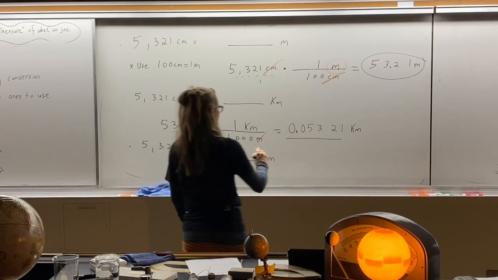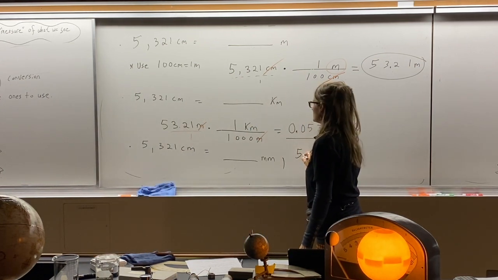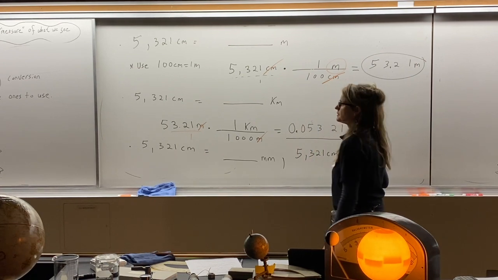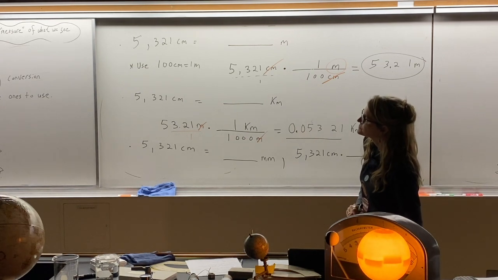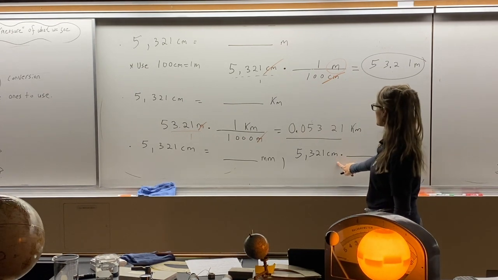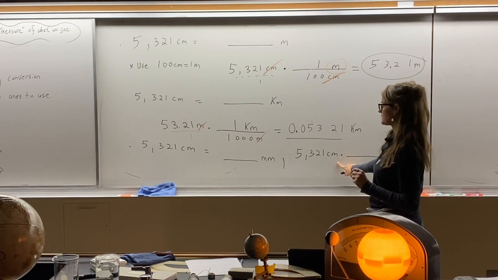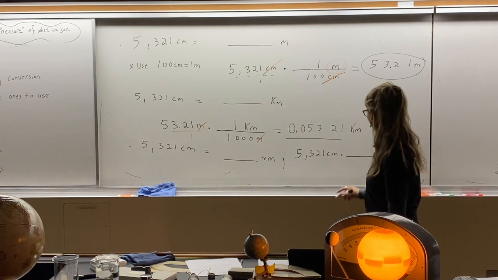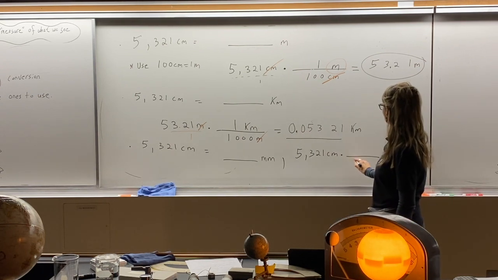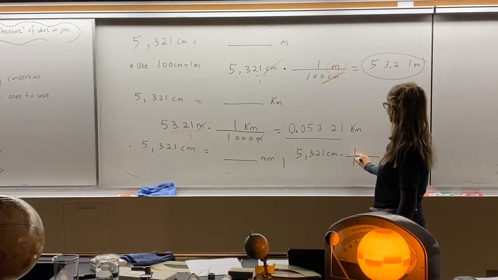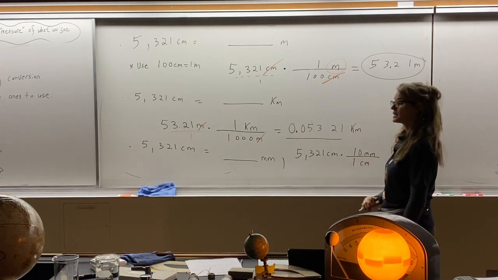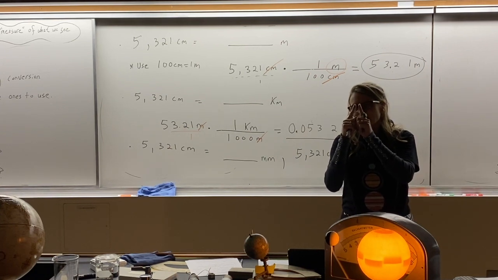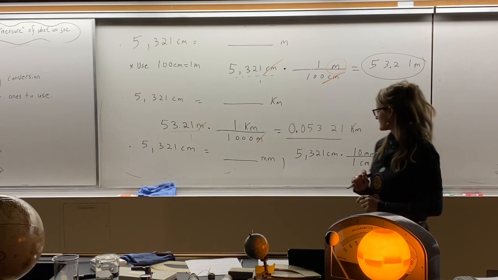Okay, well this one I'm going to multiply by, we know there's 10 millimeters in 1 centimeter. I want to get rid of my centimeters, so I'll say 1 centimeter is equivalent to 10 millimeters. Since a centimeter is a larger unit of measure, we're going to have a lot more millimeters to fill that space.